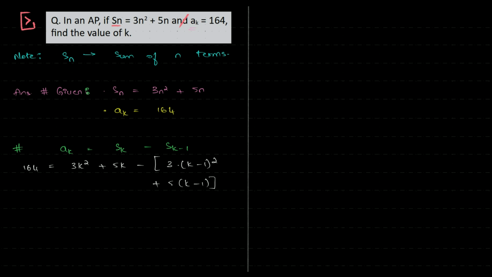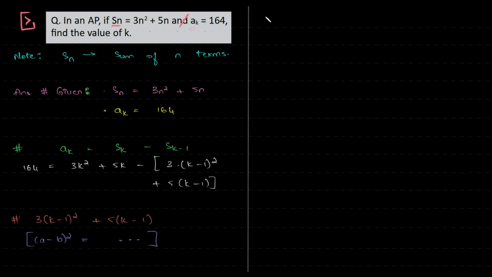Okay, a bit of simplification and we are done. We can take this expression separately and solve this. It looks to be a bit lengthy. So 3 times k minus 1 the whole square plus 5 times k minus 1. Here we are making use of the a minus b the whole square formula, which you guys know.